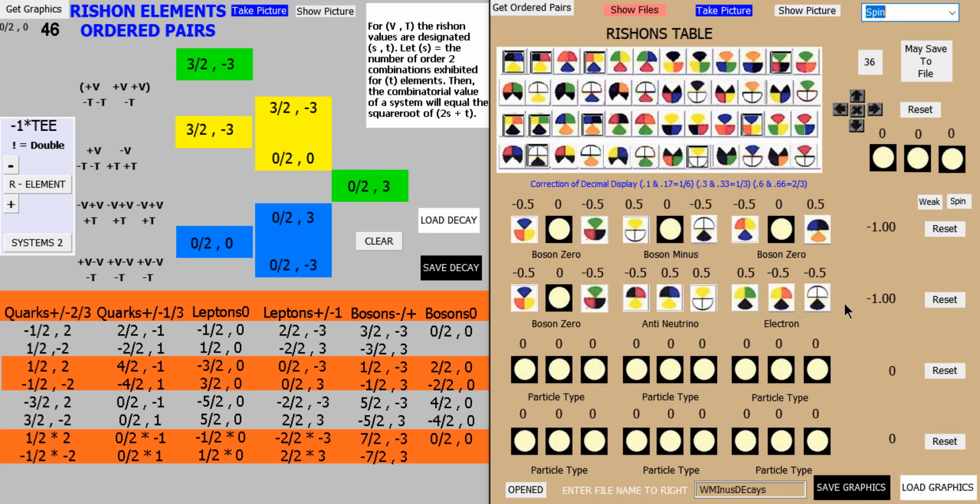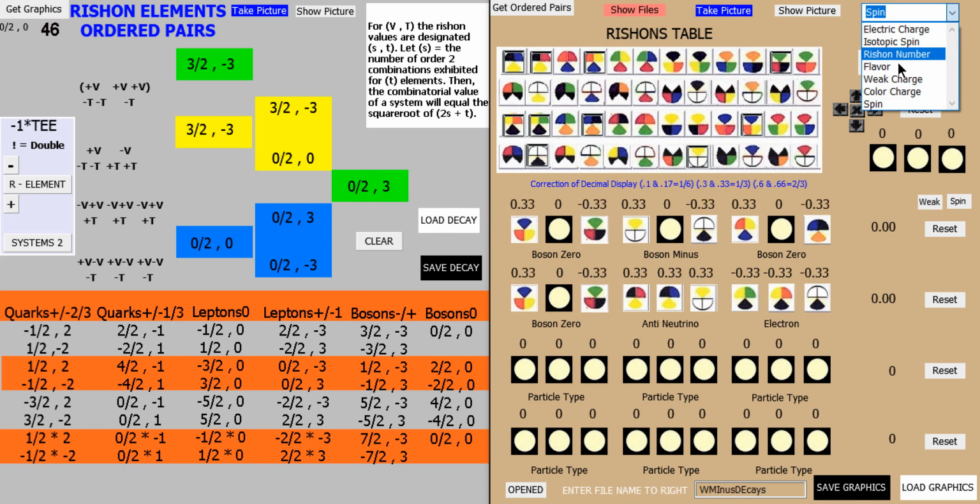Now let's see if we get consistent weak charges, as they are related in the standard model to the spin. And so the weak charges on the initial vector W boson minus: we have on the vector boson 0 a total weak charge, as we saw before, of plus 1/2.